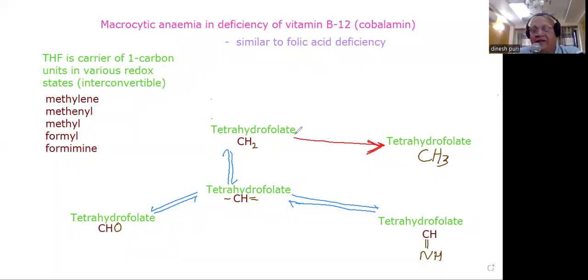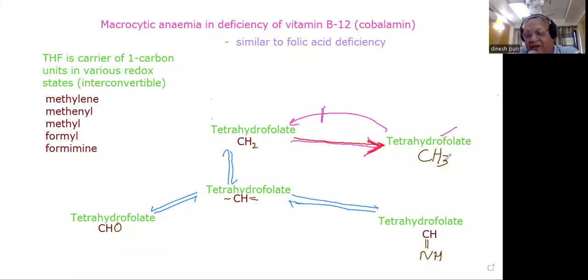That is, this conversion of methylene tetrahydrofolate to methyl tetrahydrofolate is irreversible, unlike all other interconversions. Simply stated, once it has been converted to methyl tetrahydrofolate, the reverse reaction is not possible at all.